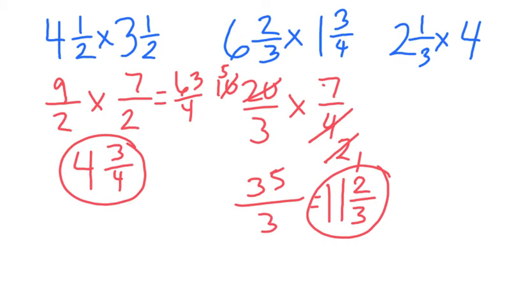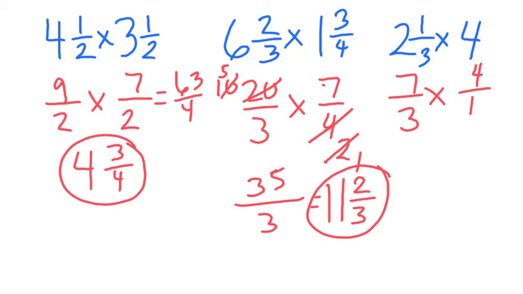Now look at the last example. What if you have a whole number? Well, to make a whole number a fraction, you just put it over 1. So put your 4 over 1, that made it a fraction, and change your first one to improper. 3 times 2 is 6, plus 1 is 7. So then you have 7/3 times 4 over 1. Nothing cancels.